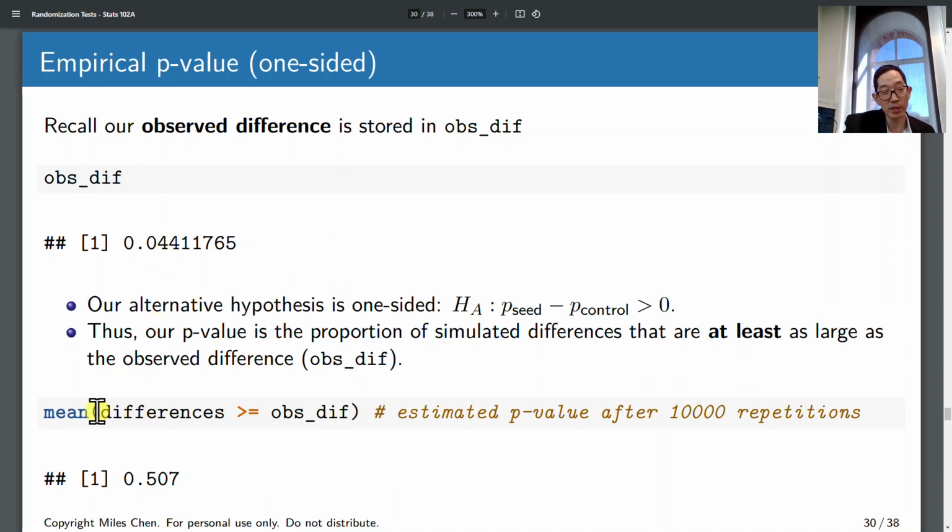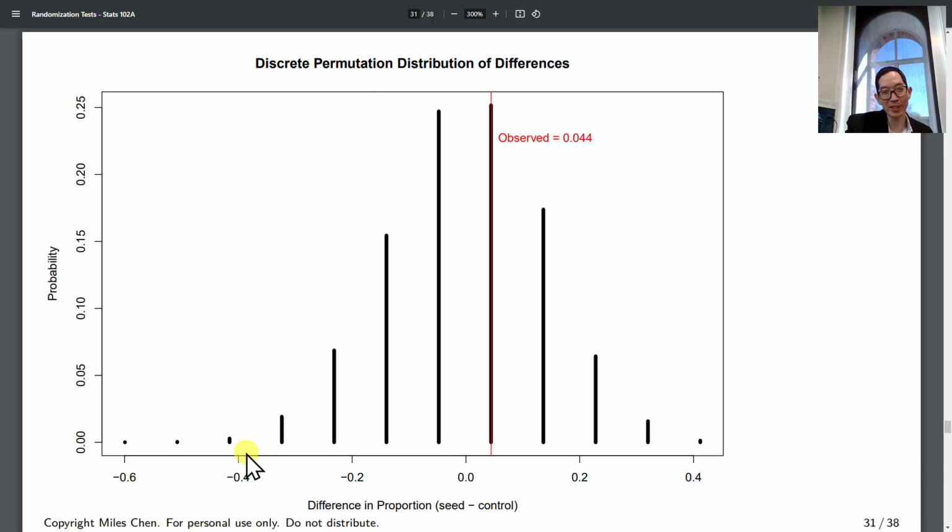So I'm going to say, are my differences greater than 0.044? This is going to give me a true-false vector of 10,000 of these things, and the mean is going to give me the proportion of that. And it says you get a proportion of around 50%, 51% of your values are true. So this is the diagram.